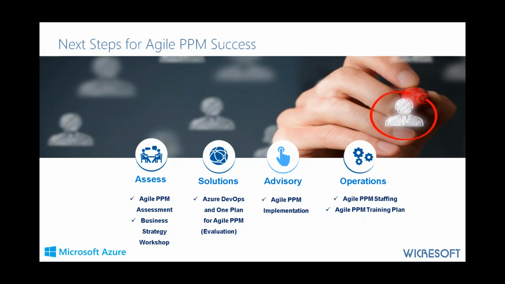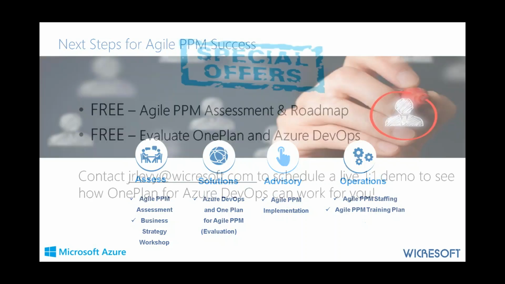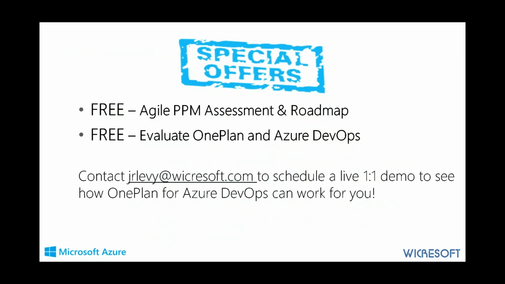We do have the advisory capability to do the Agile PPM implementation, like I said, if you haven't started, and then there are additional services in terms of our staffing and training that we can provide. For anybody that's interested, the first part, which is just the assessment and roadmap of how to get going with Agile PPM, we're more than happy to have you make contact with us in order to have that dialogue and understand how we can make that happen in your organization.